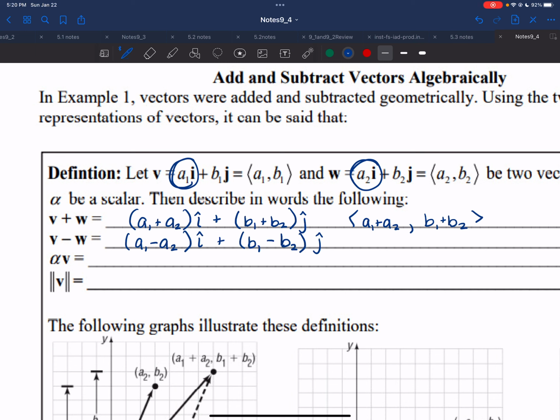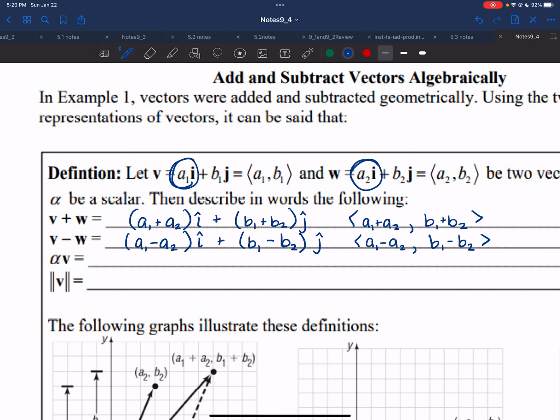Now, if it had w minus v, then what we would do is put a negative on that a1 and keep the a2 positive, depending on what it is that you need, okay? So my component notation would be (a1 minus a2, b1 minus b2).